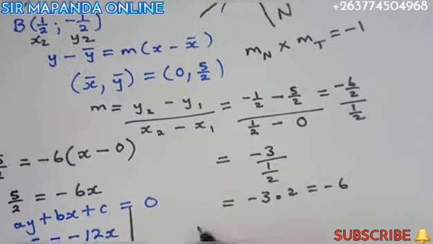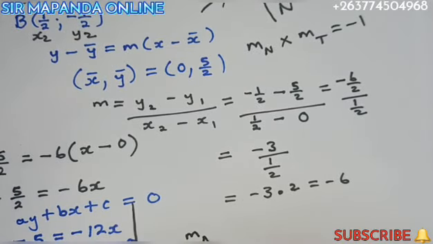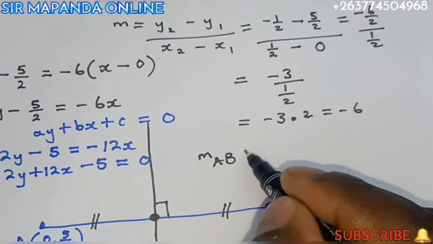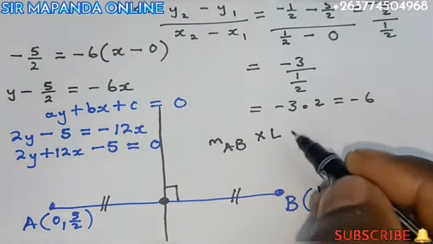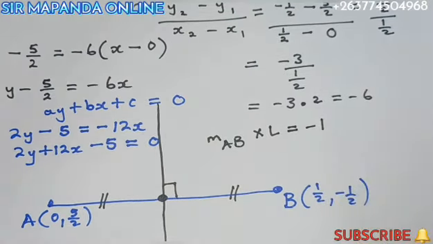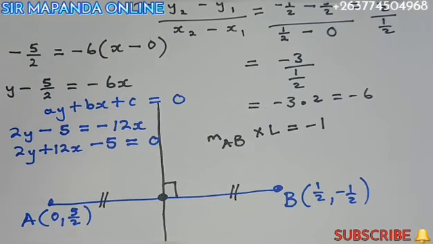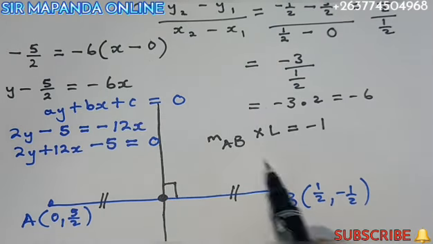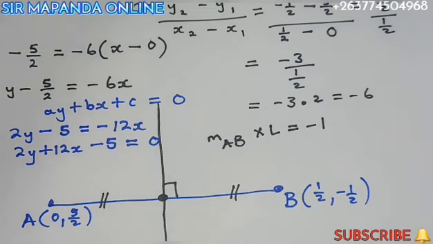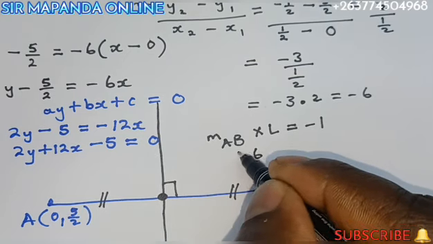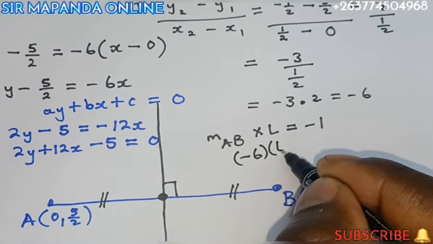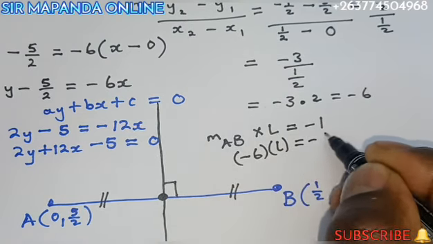So in simple terms, we are saying gradient of AB times gradient of L, which is the black line, you must get -1 since the two lines are perpendicular to each other. Gradient of AB was obtained in the part B of the question. We got it as -6. So we are saying -6 times ML is equals to -1.